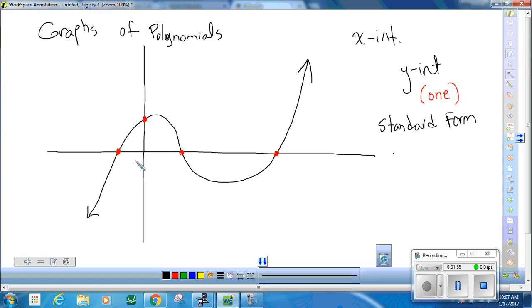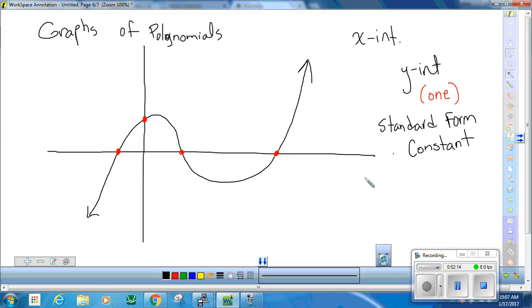Because we know that for the y-intercept, x is equal to 0. So when we plug 0 in for all the x's in the polynomial, all of those terms go away because we're multiplying by 0, and 0 gets rid of everything. Then the only thing you are left with is the constant, the one term that didn't have an x in it.